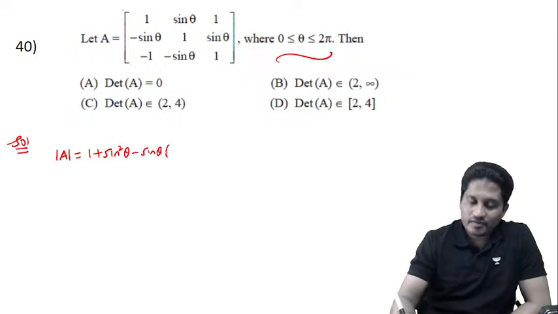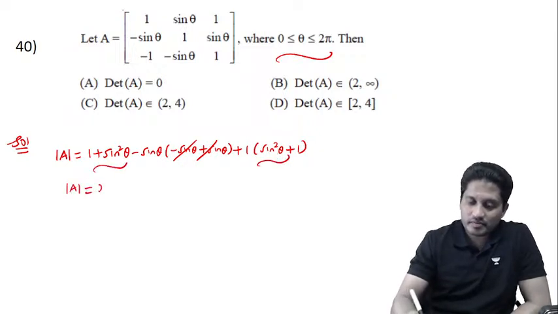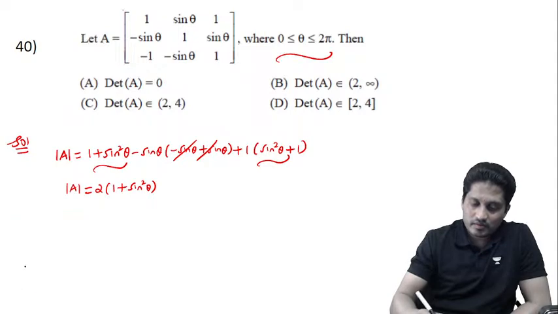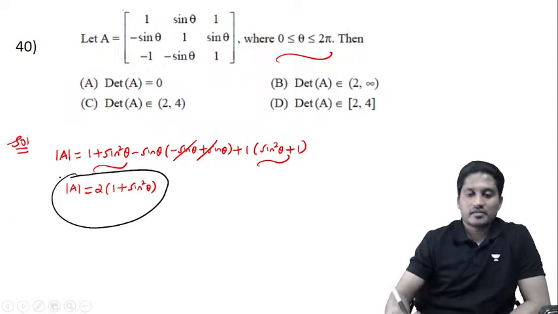Minus sine into, delete first row second column, you get minus sine plus sine. Plus 1 into, delete first row last column, you will get sine square plus 1. Anyways, this will cancel. You get determinant A is equal to 1 plus sine square plus 1 plus sine square, that is 2 into 1 plus sine square. Right, so this is determinant A.